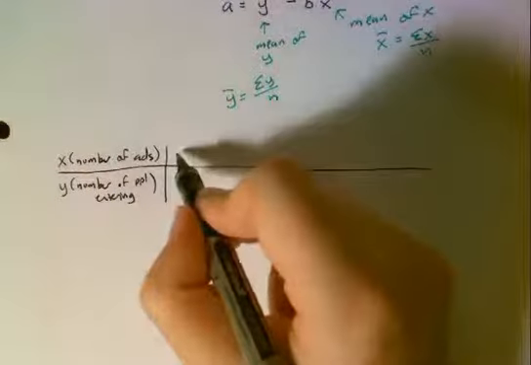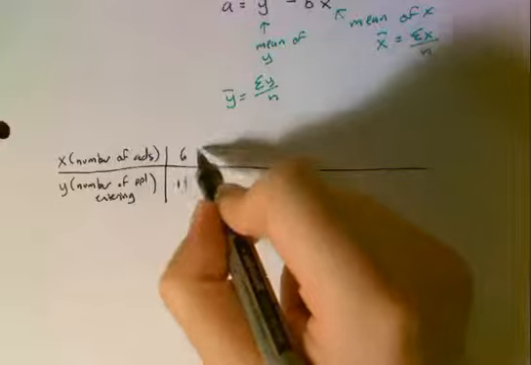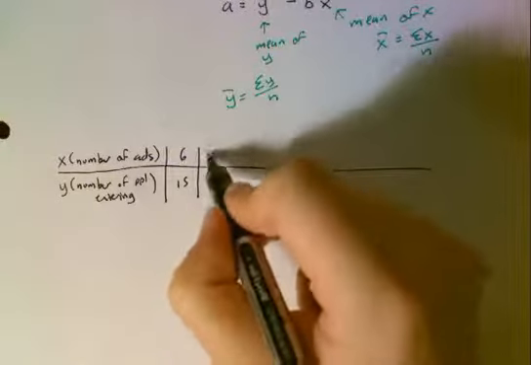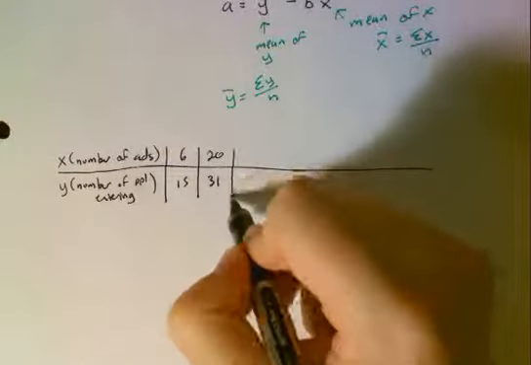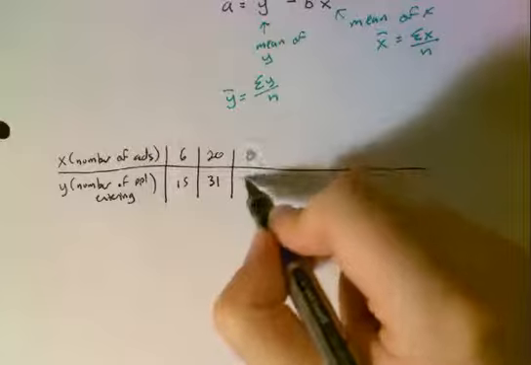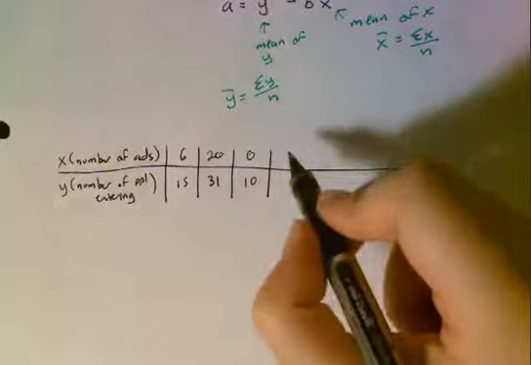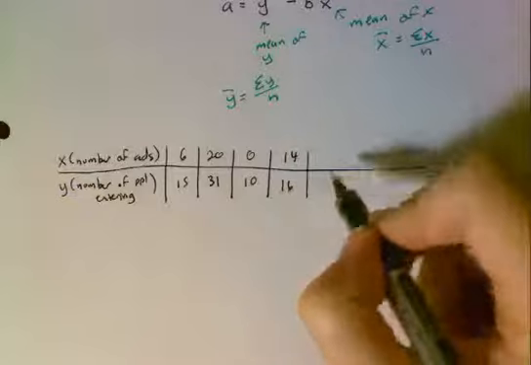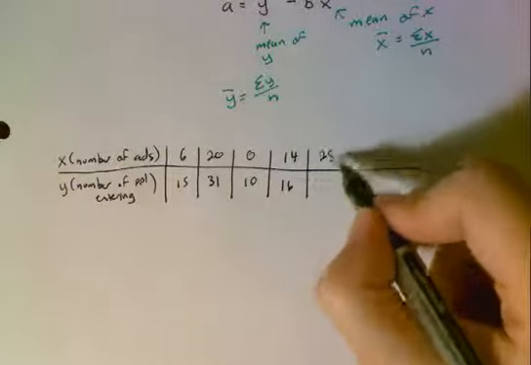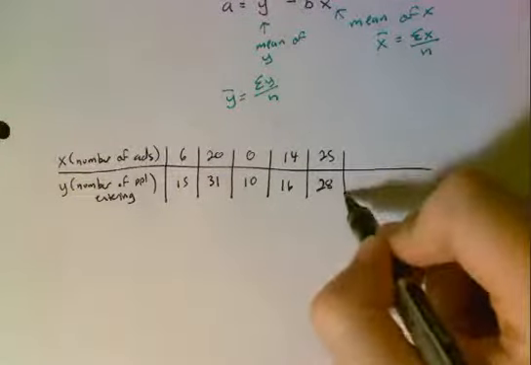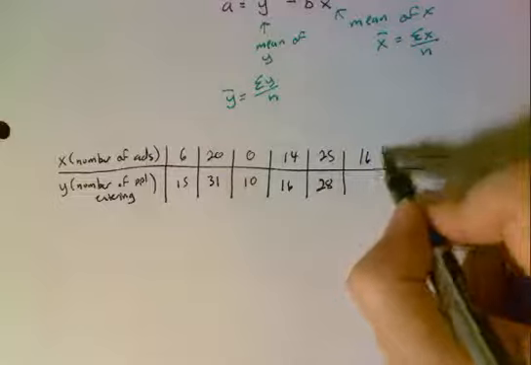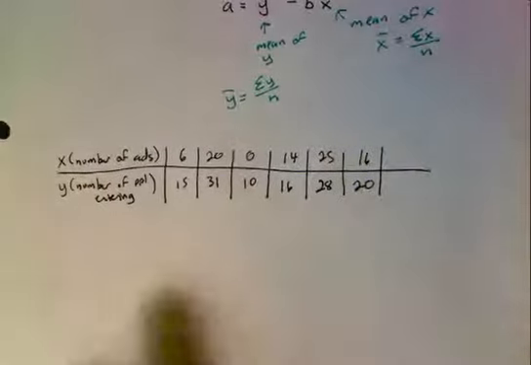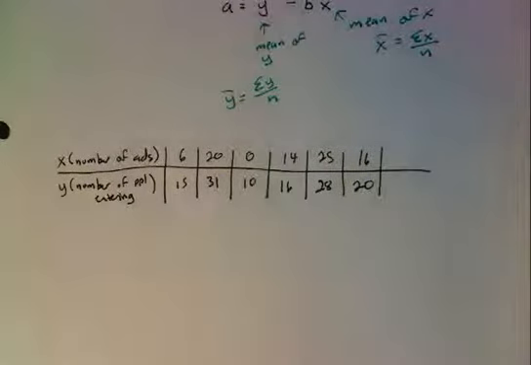And so we've got 6 ads, 15 people; 20 ads, 31 people; 0 ads, there were 10 people; 14 ads, there were 16 people; 25 ads, there were 28 people; 16 ads, there were 20 people. Because remember, ads aren't the only thing that's impacting whether or not people come in. There's some other natural variation there too.